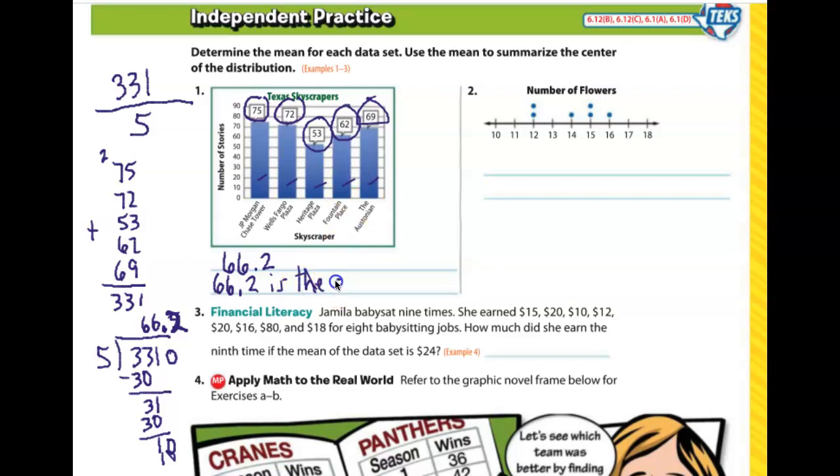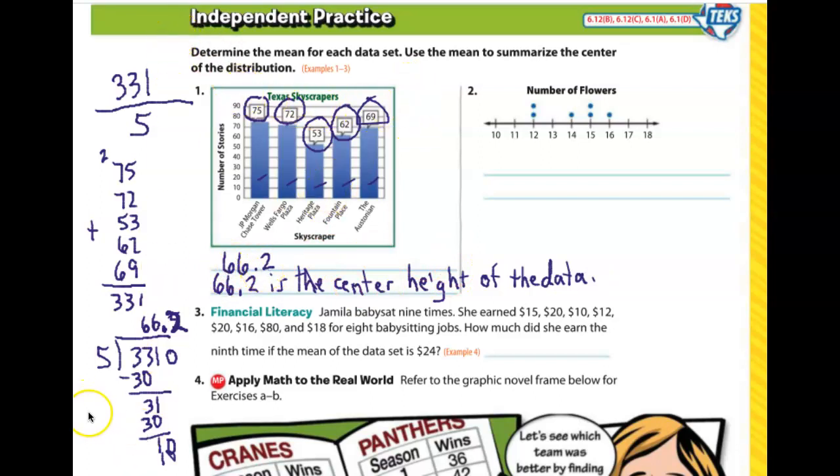Okay, is the center height of all the data. Yeah, you just write a sentence and you just basically say the same thing, just using words instead of just the number. Okay, all right.